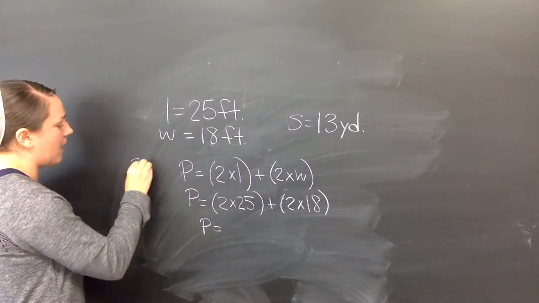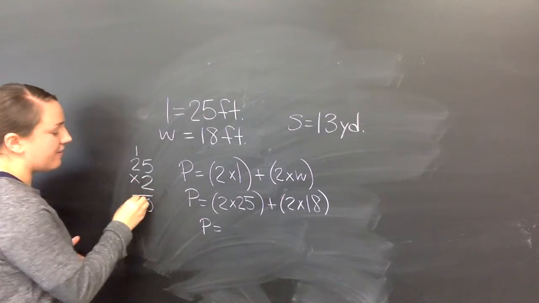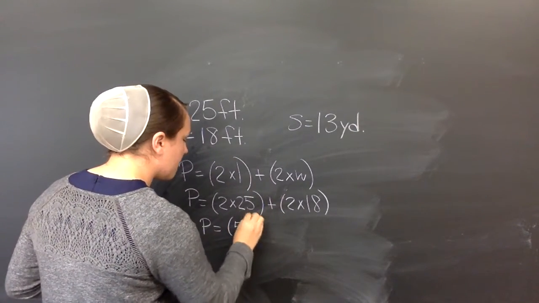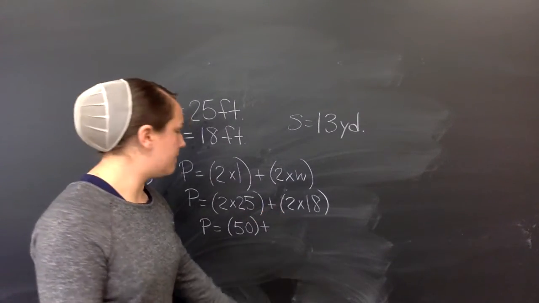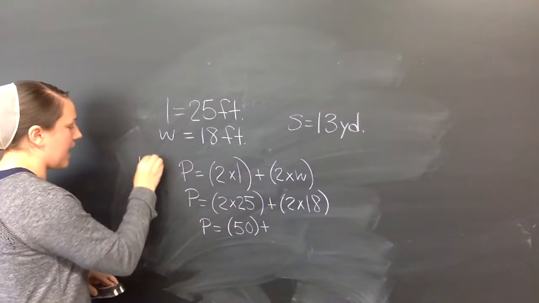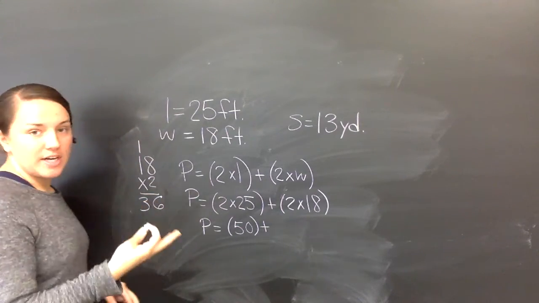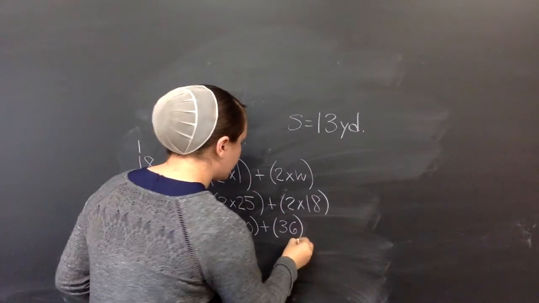Let's go ahead and write that out. We have 50, so P equals 50 plus, now we have 2 times 18. Let's go ahead and work that. So we have 36. So 50 plus 36.